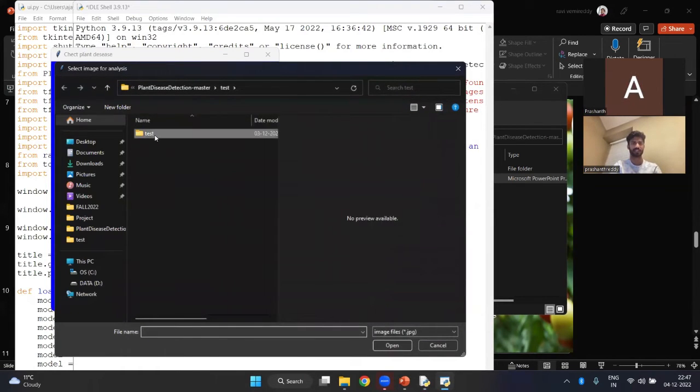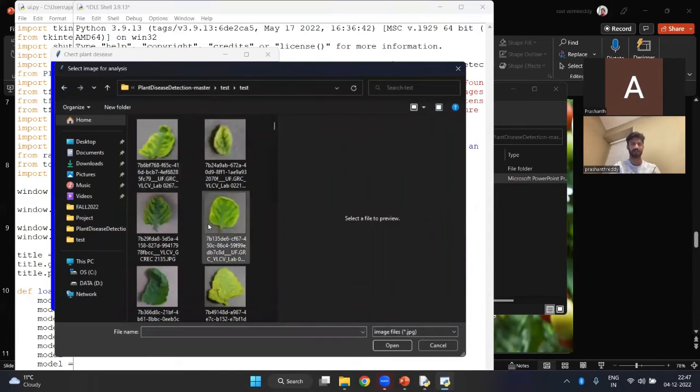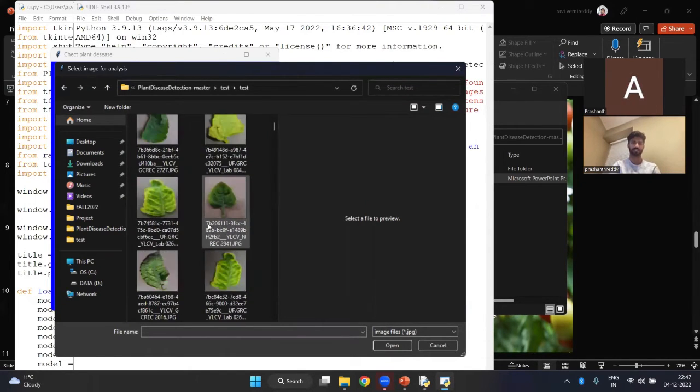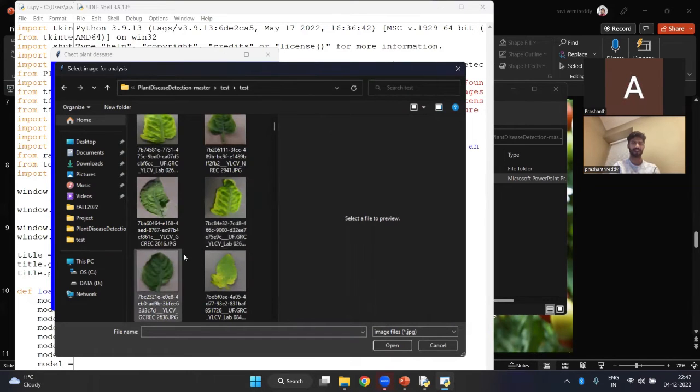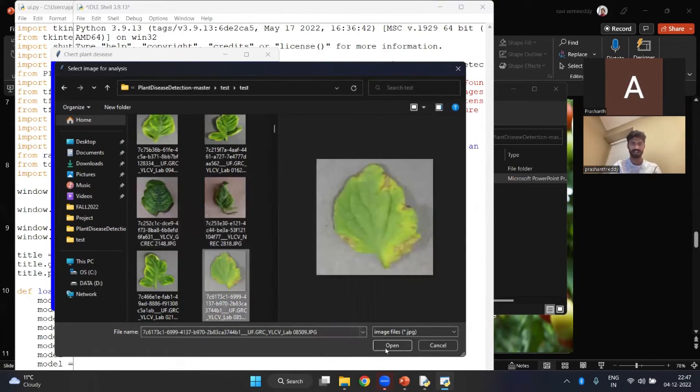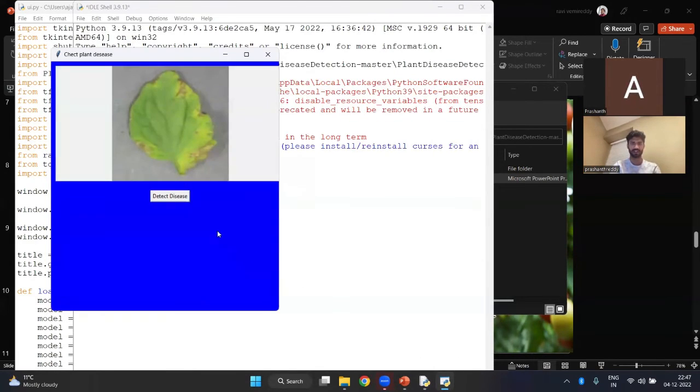Here you can see the test images. These can be found in open sources, where we have so many sample data. So let me select this one and open this file, and it will detect the disease. Here, CNN comes into the picture.